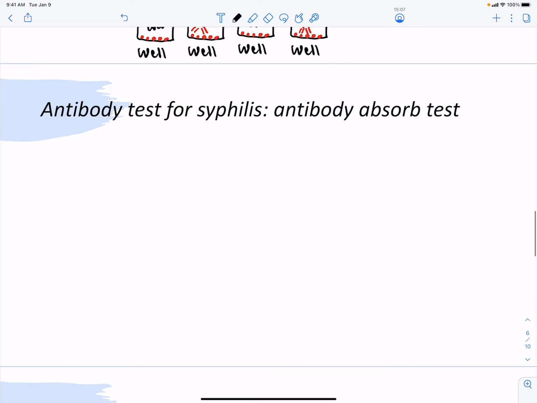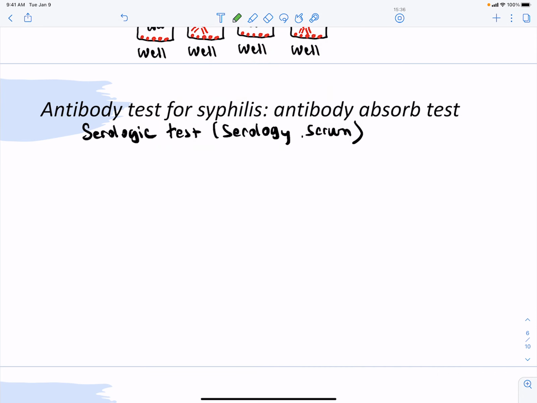Okay, so there are also other tests you can do. There's one particular that's used for syphilis. It's a serologic test. And so this is serology, which is serum, and we're looking for antibodies. So we have a spirochete, Treponema pallidum, which causes syphilis.